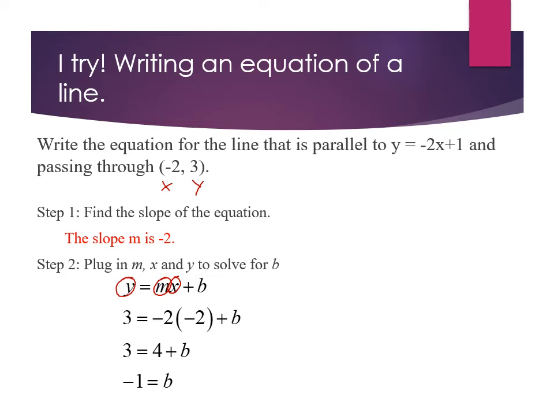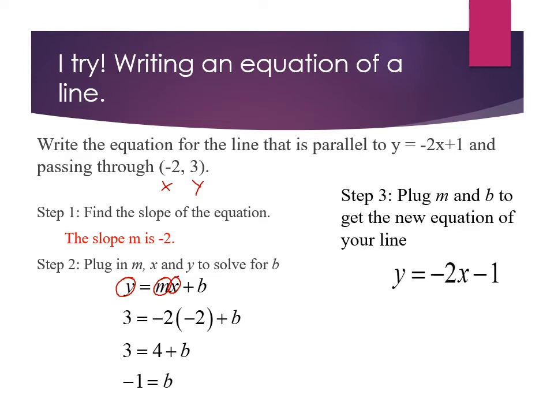Then I solve and calculate my b. Once I know my slope, which is negative 2, and I know my b, which is negative 1, you can write your new equation, y equals negative 2x plus 1. If you were to go and get graph paper and graph these two lines, they would be parallel.